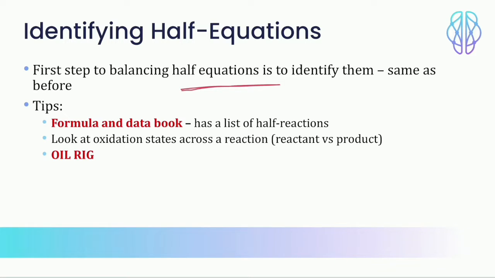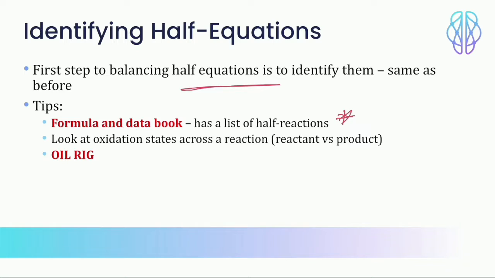Now moving forward, some tips for solving these redox reactions or having a look at these half reactions is have a look in your formula and data book that you've been supplied with. Your formula and data book is your Bible, and it will have a lot of your half reactions, even when you have a look at electrode potentials for your galvanic and electrolytic cells.